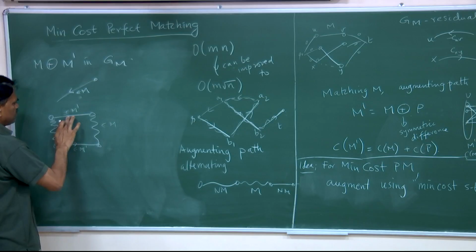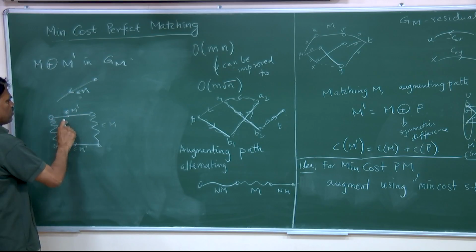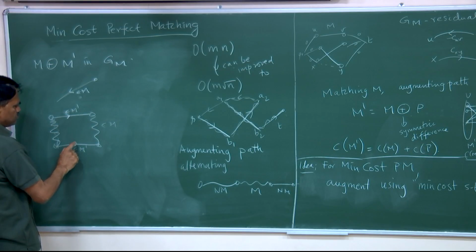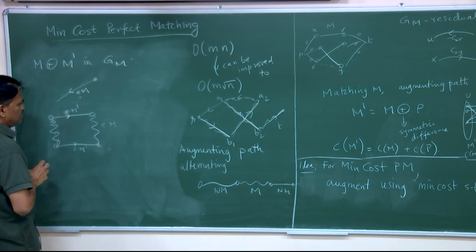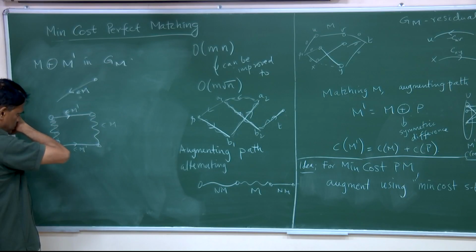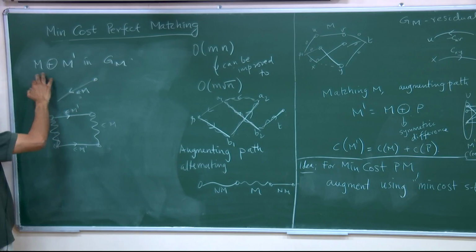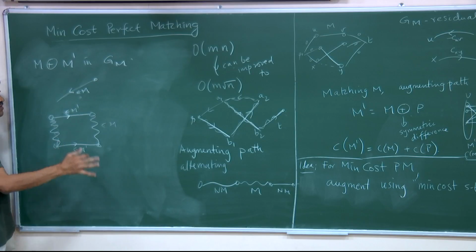I have to be careful here about what forward and backward mean. So this is an M prime, so it will have this edge, and anything in M, I claim it will be like this. I want to say that this would actually be a collection of even cycles in GM. That's what I want to show.